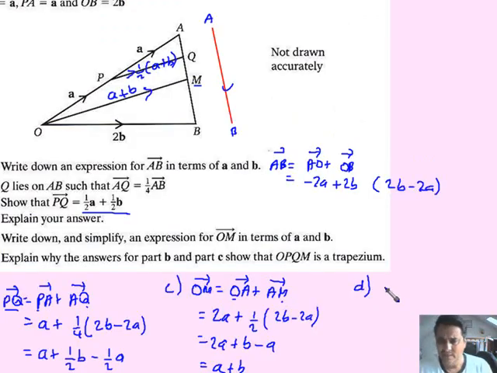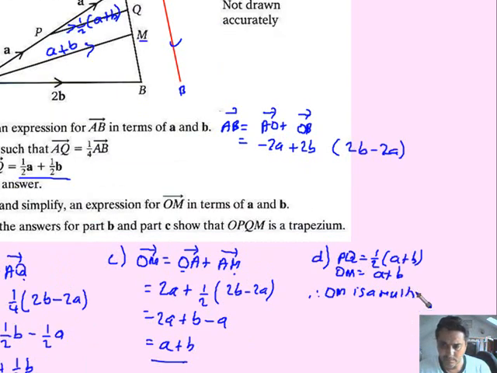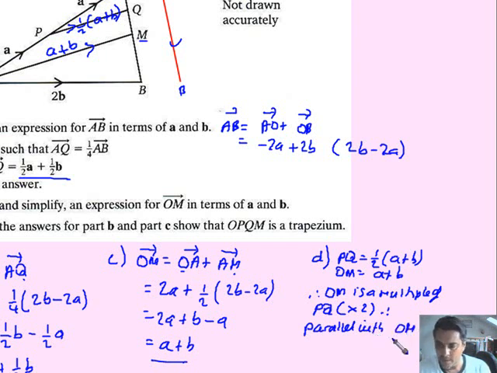Okay, let's try and write this here. Hope I can make it fit without my picture getting in the way. Right, so I'm going to say PQ equals half of A plus B, and OM equals A plus B. Therefore, OM is a multiple of PQ, it's twice as big, in other words, times 2, therefore parallel with PQ.